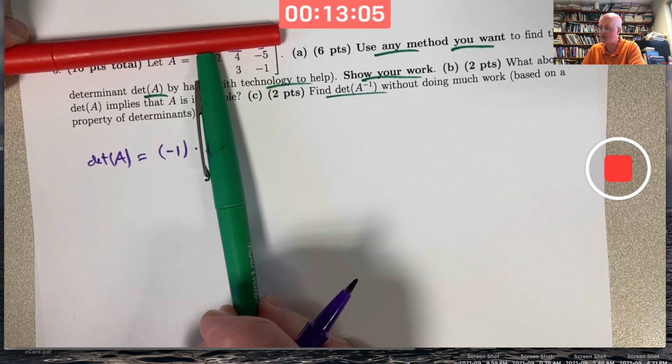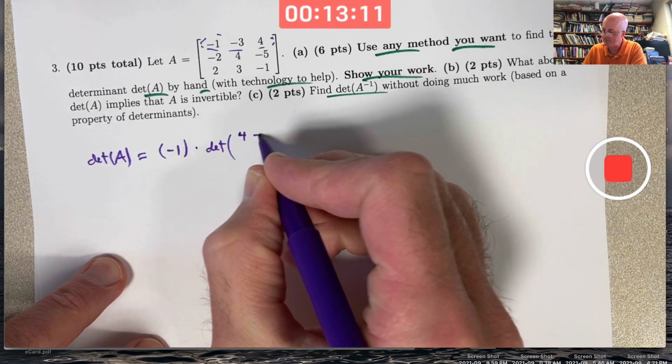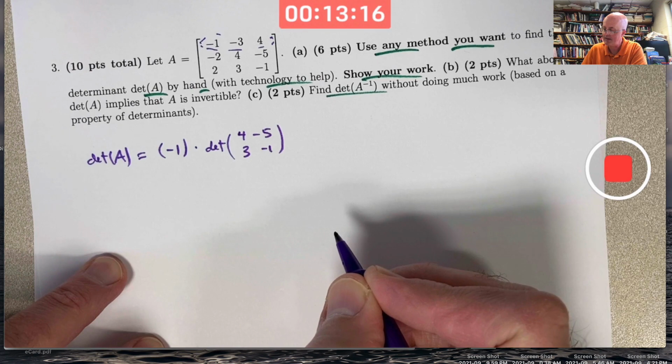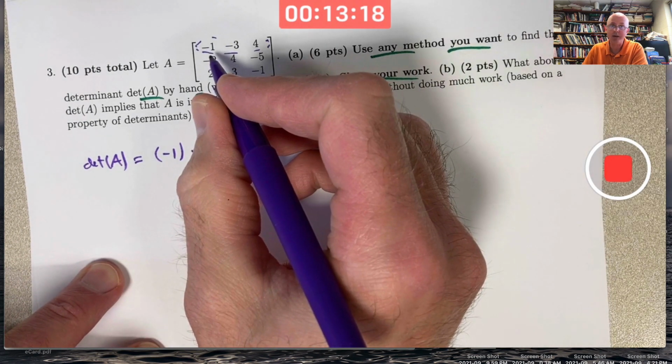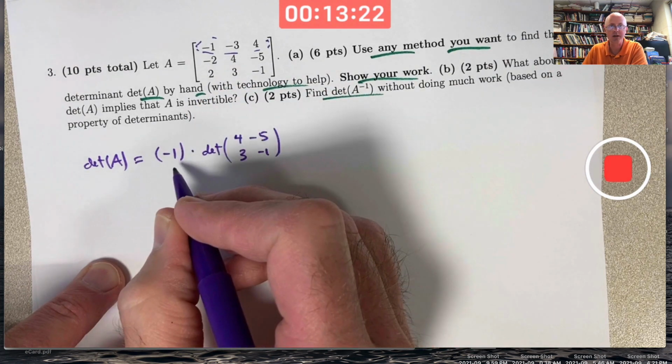If I delete the first row and the first column, I get that 2 by 2 submatrix. Its determinant gets multiplied by the -1. Let's write it symbolically like that. If this -1 had been a +5, I'd put a +5 there. But it was a -1, so I'm putting a -1 here.